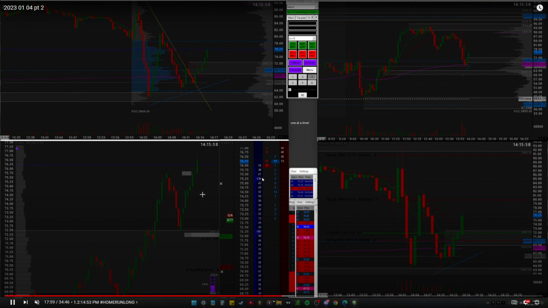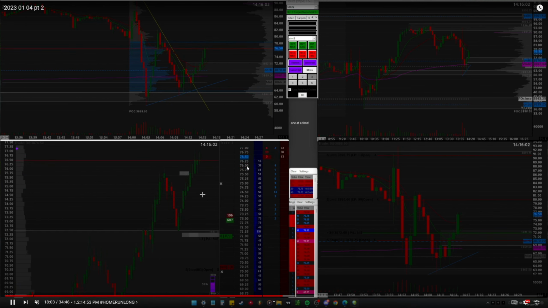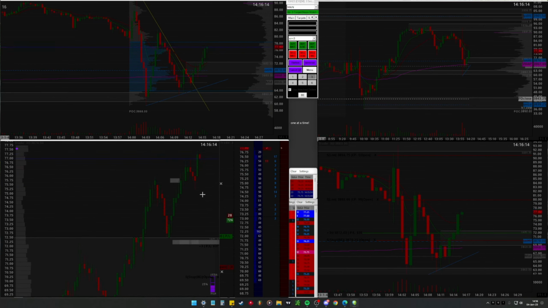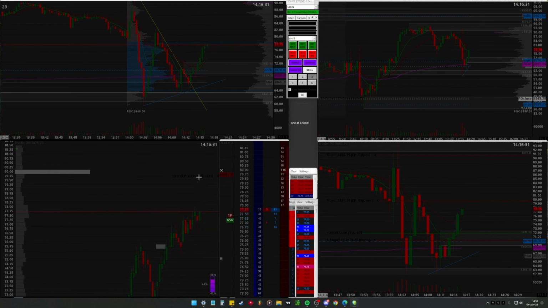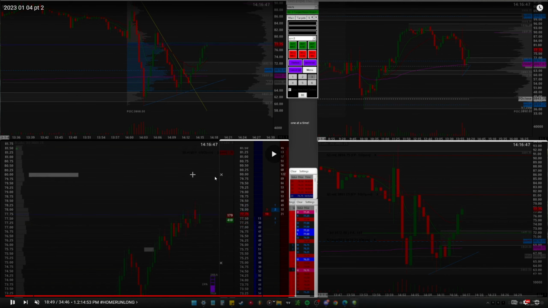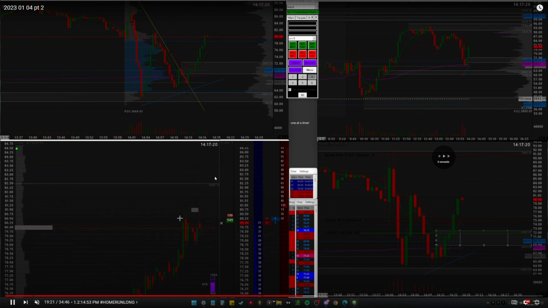Buyers are lifting it too, moving it up along with price. We're at the value area high. Not scaling yet. Kind of sketch.